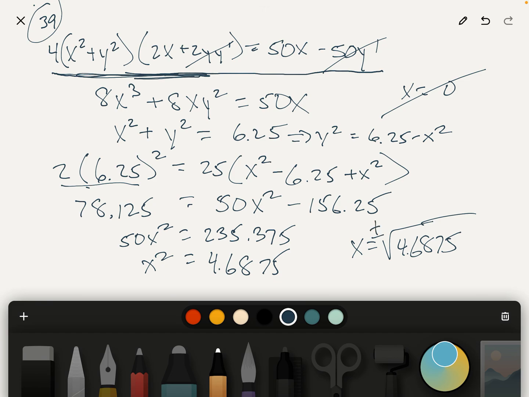This, of course, would be plus or minus the square root, and then when you plug this in for x, you'll eventually come out with probably an expression such that y squared equals some number over here, so y would equal plus or minus the square root of that number. And that would give you 4 points, and you can see on the curve that there certainly are 4 points where the tangent's horizontal.